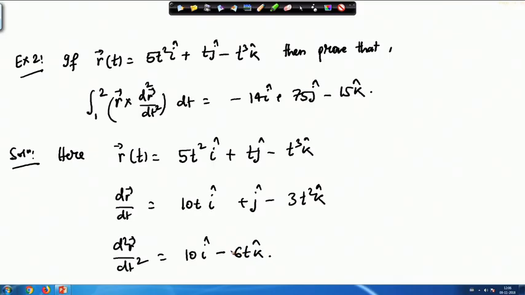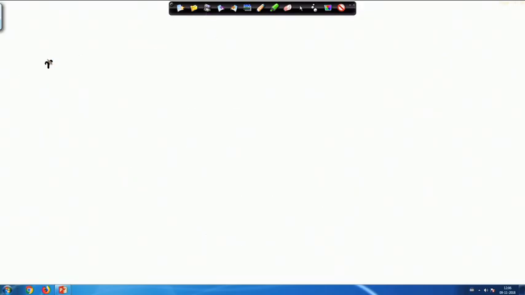Then we will calculate the cross product of r and d²r/dt². How do we calculate that? We simply write r cross d²r/dt².